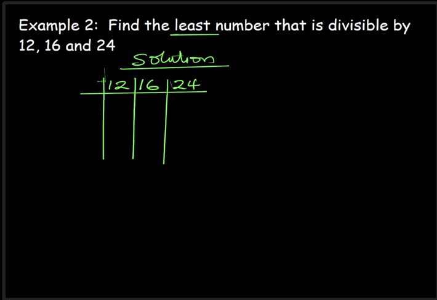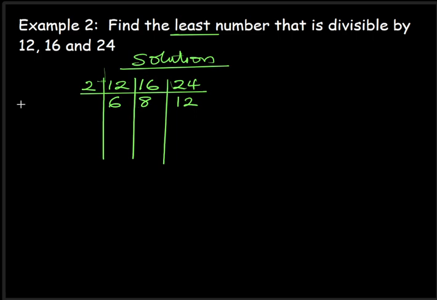So what can divide 12, 16, and 24? 2 can go, so we start with 2. 2 into 12, that will give us 6. 2 into 16, that will give us 8. 2 into 24, that will give us 12.